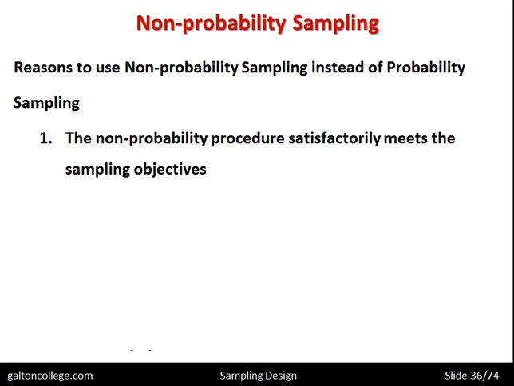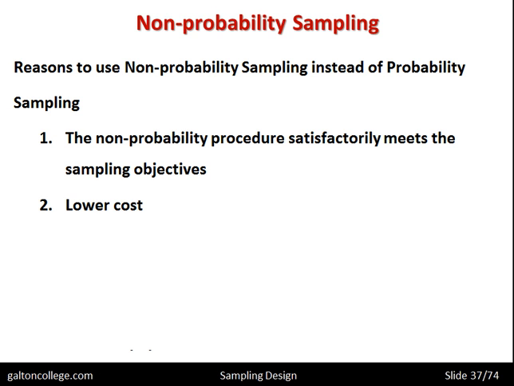But non-probability procedures tend to be prone to bias, to selection problems, and we'll talk about this again in a few moments. For the moment, non-probability procedures tend to be biased, and therefore the results are more suspect. So we're talking about the sampling objectives and whether non-probability procedures are satisfactory.